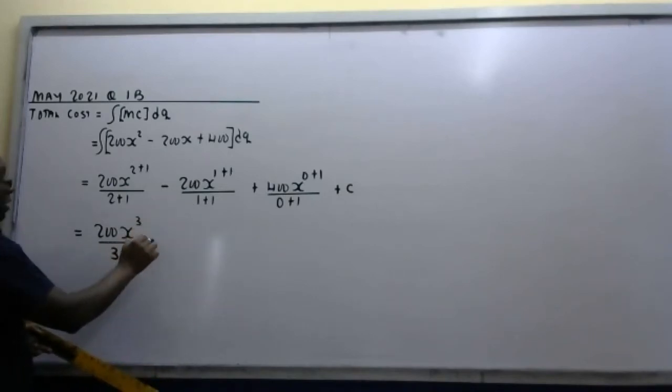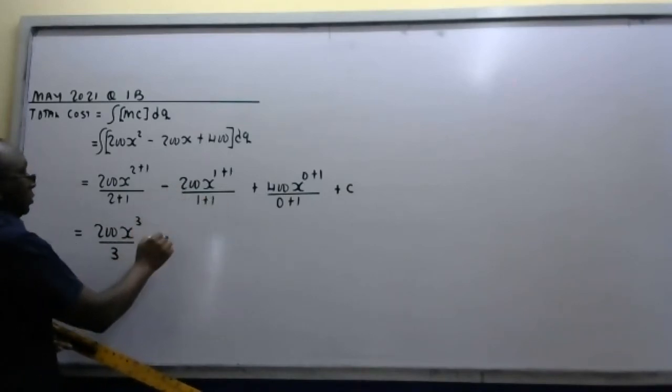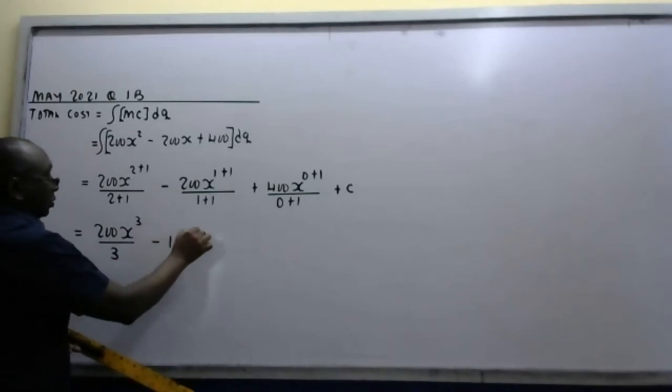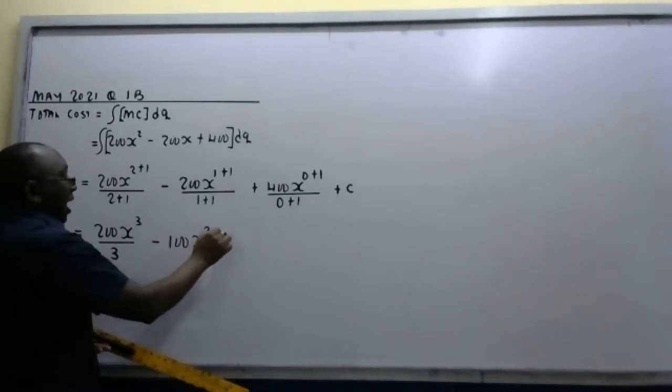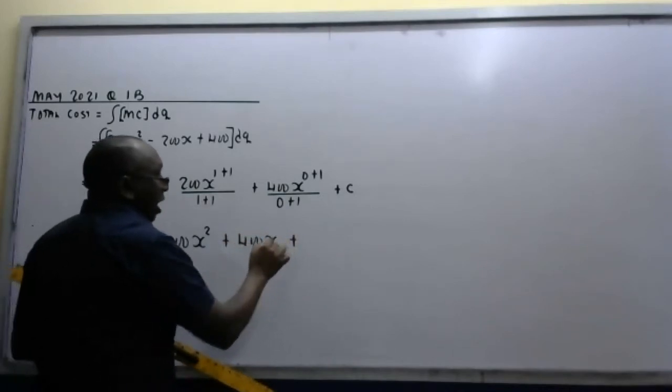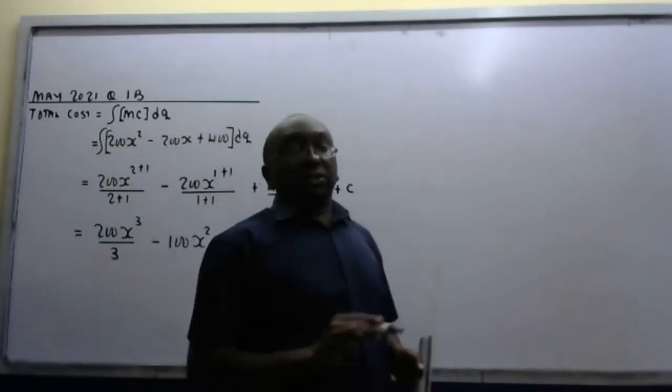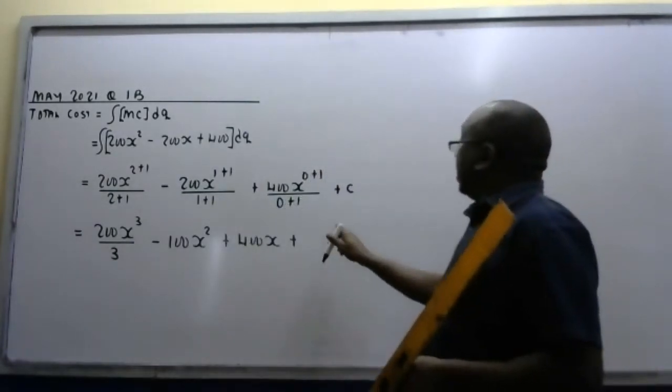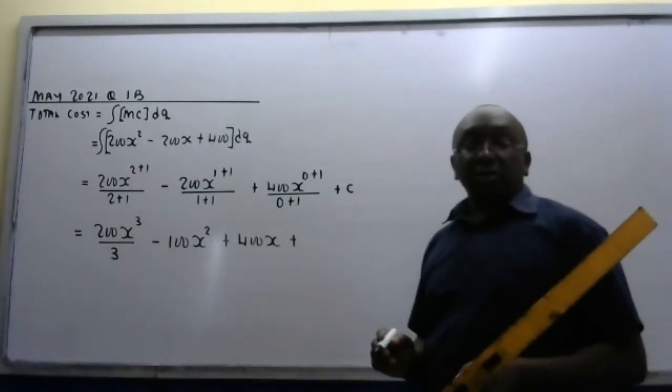This one, it will be 200 divided by 2, it will be 100x squared plus 400x. Now, when you are dealing with the cost function, the constant of integration c is the fixed cost.